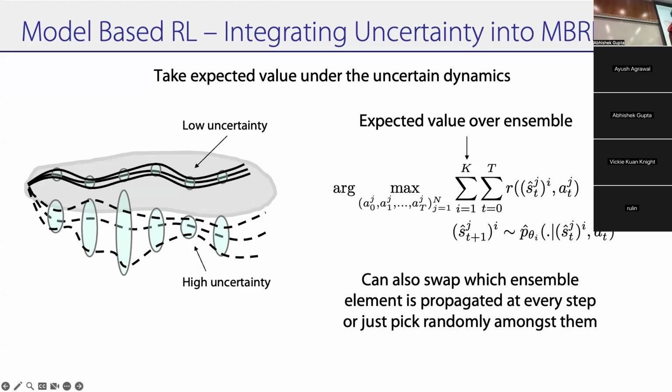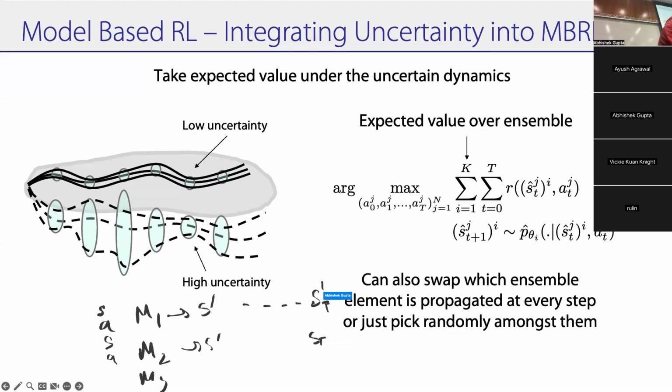But this is arguably the easiest thing to do. This is the one you're going to implement in your homework. All you're going to do is take an ensemble. So let's say you have K different models: model 1, model 2, model 3. For each of them, you take an S, A, get an S prime, S, A, get an S prime. Run this forward to get S capital T, S capital T, S capital T, and so on, right?